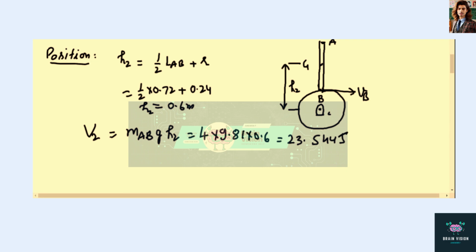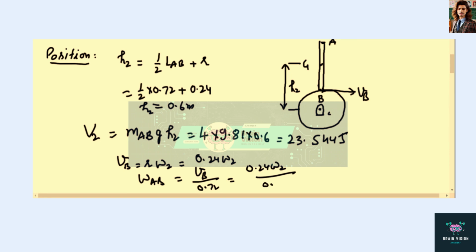Now angular velocity of rod AB we have to find. The velocity of B point will be R into omega 2, that is 0.24 omega 2. Hence angular velocity of AB will be velocity of B upon 0.72, that is 0.24 omega 2 divided by 0.72.